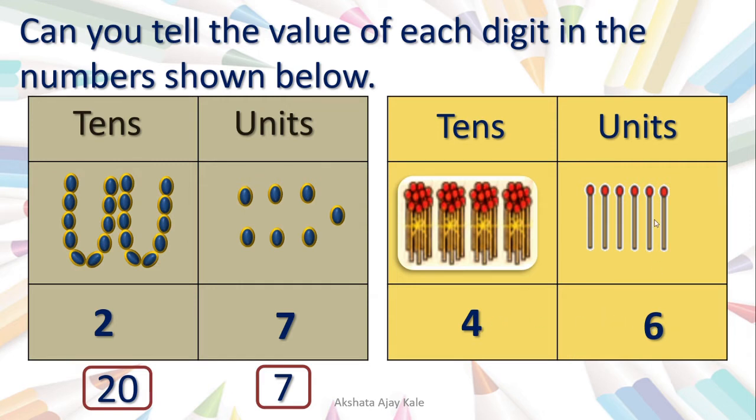Yes, you know 6 is in the unit place, so the value is 6. And 4 is in tens place, then nothing but 4 tens are 40. Got this, children? I hope you understood about the place values if it is given like this in the boxes. Right?